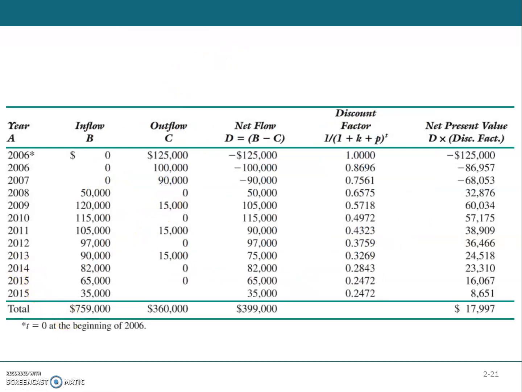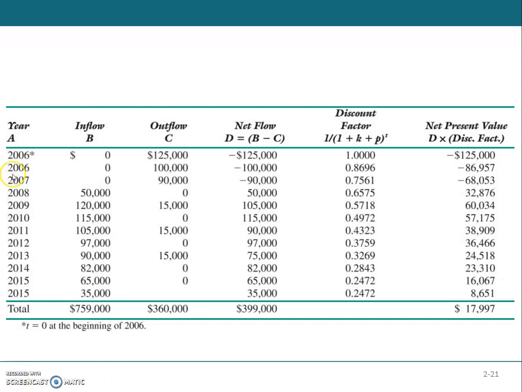Okay, so suppose that the project was started in 2006, and then the project will end in 2015, because from 2006 to 2015 it will be 10 years. Okay, the project actually will run from 2006 to 2016.